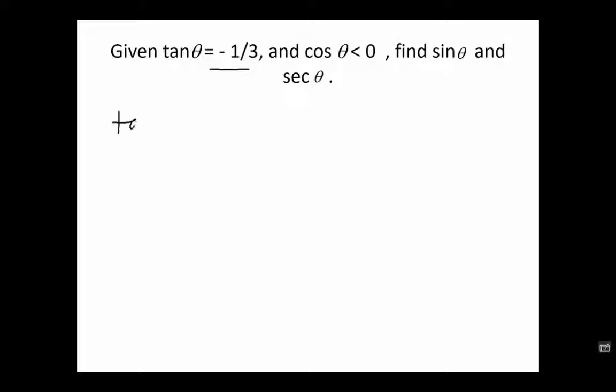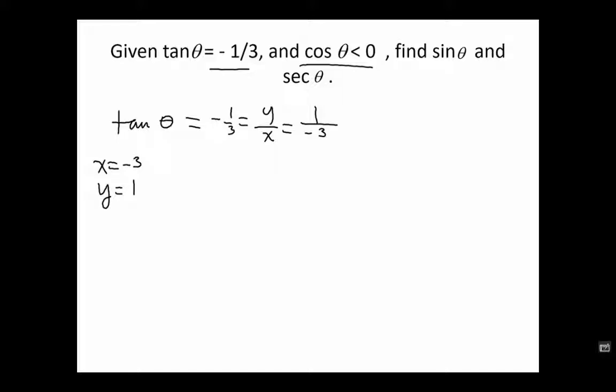So we got the tangent of theta is a minus 1/3, which is y over x, which is 1 divided by, well, the cosine of theta, which involves x, is less than 0, so 1 over a negative 3, so x is a negative 3. So x is a negative 3, y is 1.